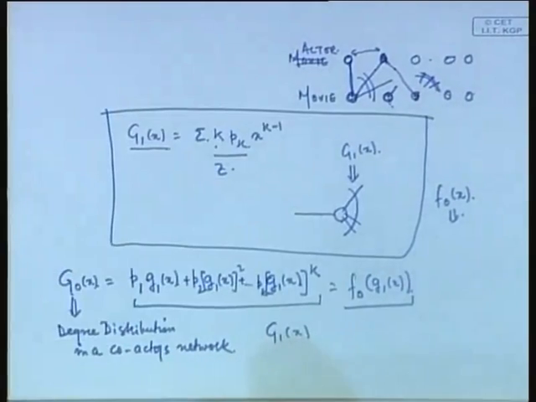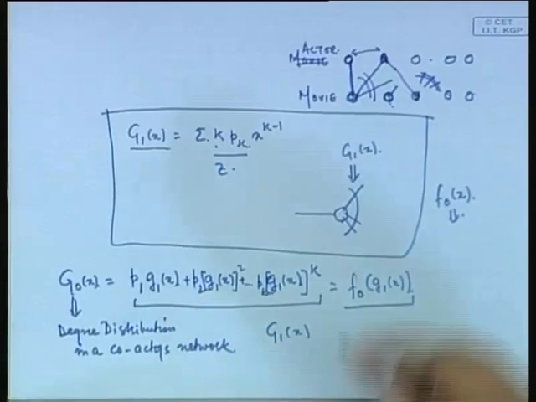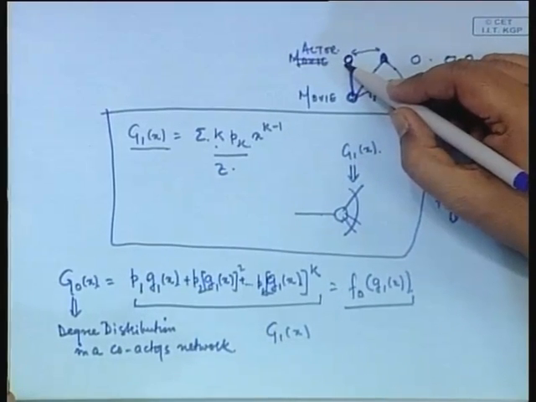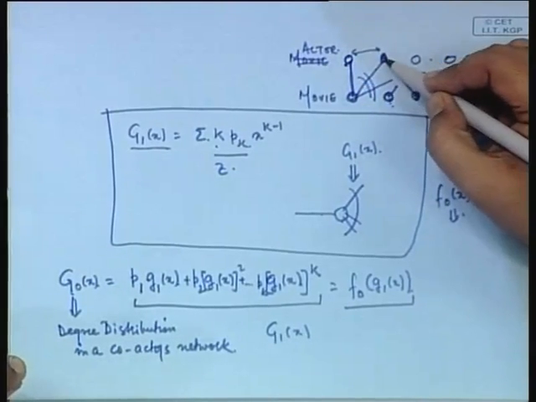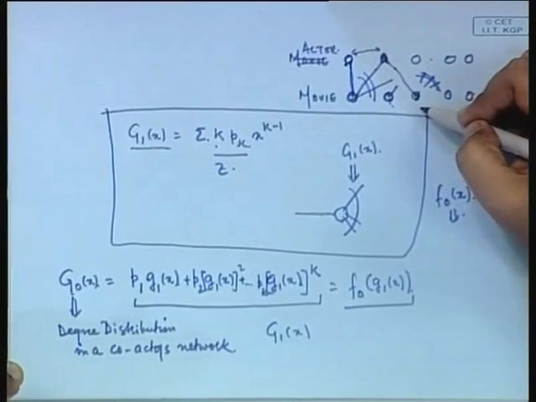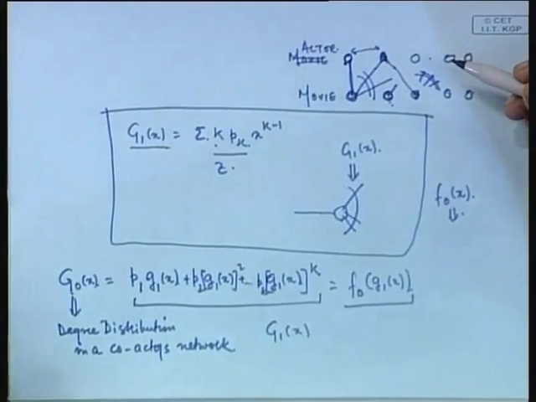First you pick up a random edge. What is G1x? You pick up a random edge and then you reach an actor node, and from that actor node you again traverse to a movie node, and from that movie node you see the outgoing degree distribution.